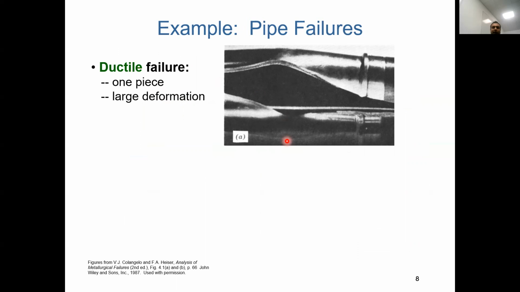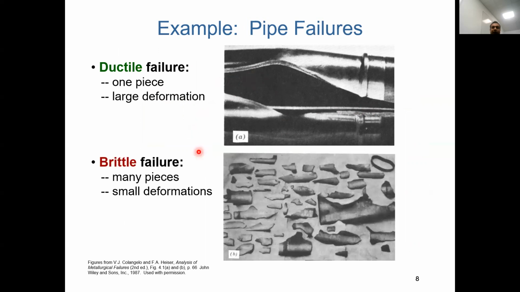Now, if there is a pipe, ductile failure looks like that, one single large deformation. But if we have a look at the brittle failure, you can actually see it break down into multiple failures, many pieces, but very small deformation.